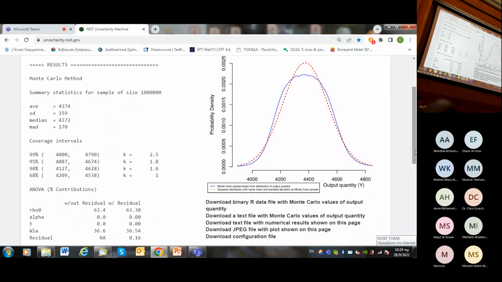The fact that it's not quite Gaussian might be because of the Student t distribution that I've included, because that's a pretty big part of the uncertainty contribution. The uncertainty contribution is basically due to the density, 63%, and about 36% is the repeatability, the actual measurement of the weights.